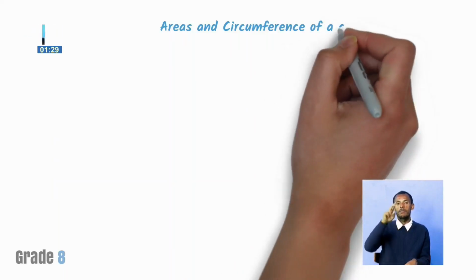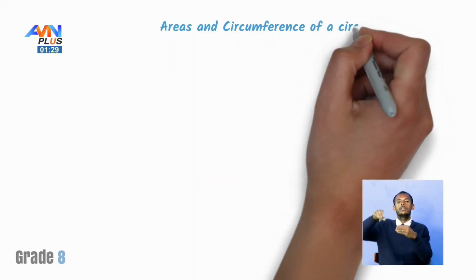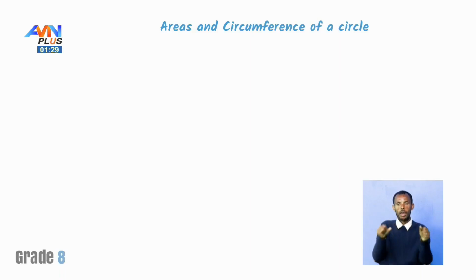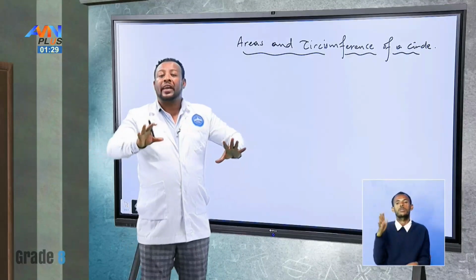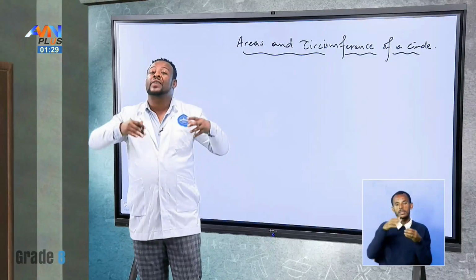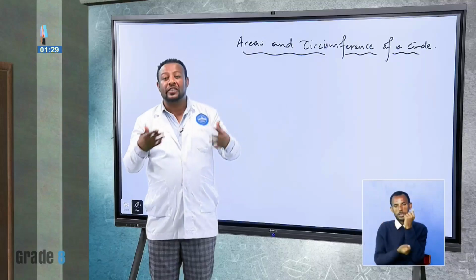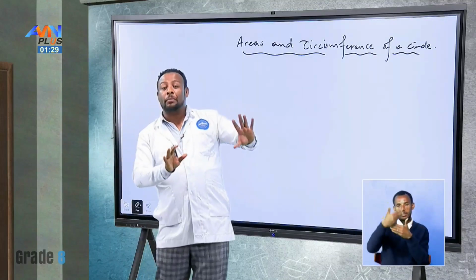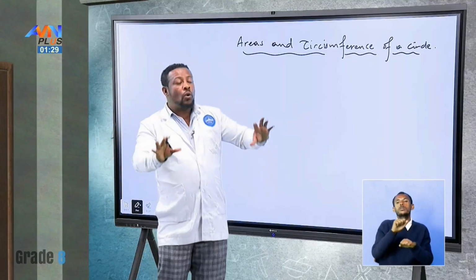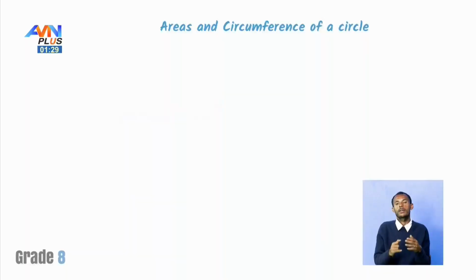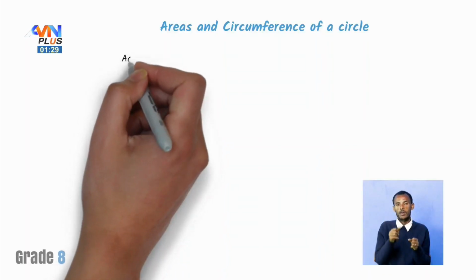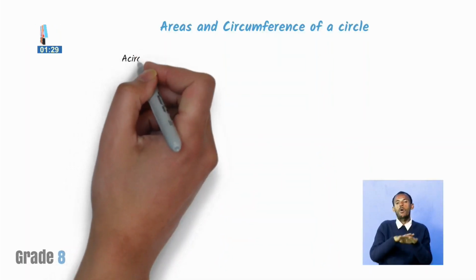Now let's see what the areas and circumference of a circle looks like. Because knowing the areas and circumference of a circle is very basic and helpful to understand the next unit, which is about solid figures.